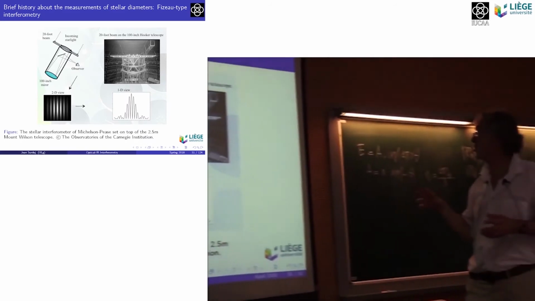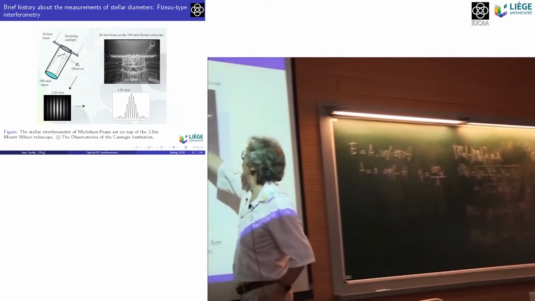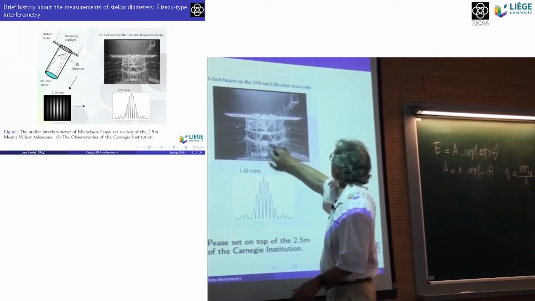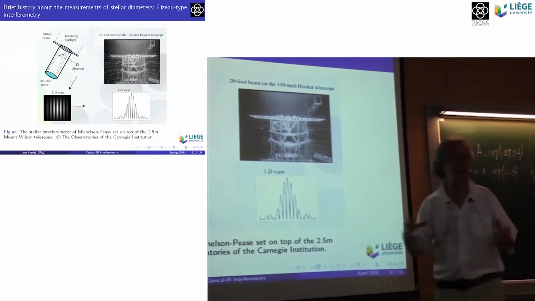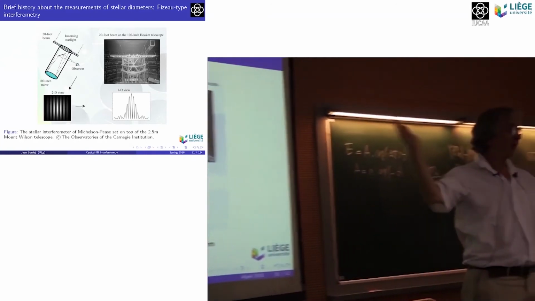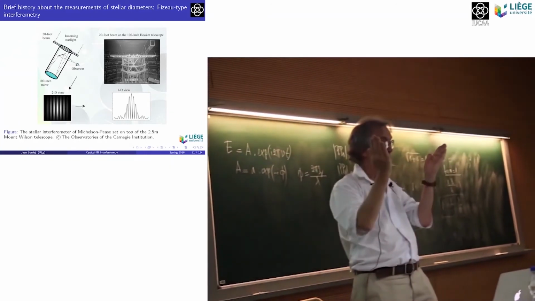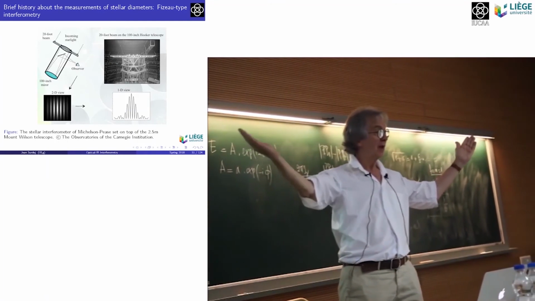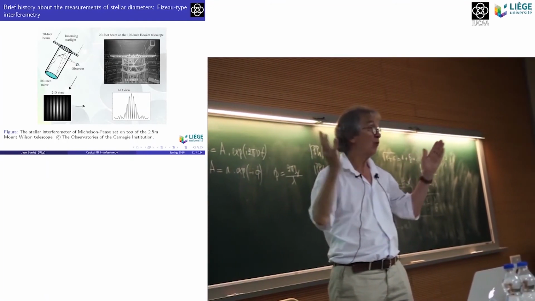Now, you can see the 4 mirrors here too, and the originality of this construction was that the 2 external mirrors could be moved apart, so changing the baseline at will.